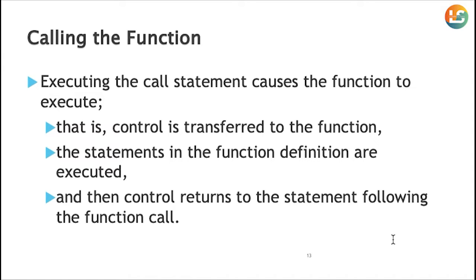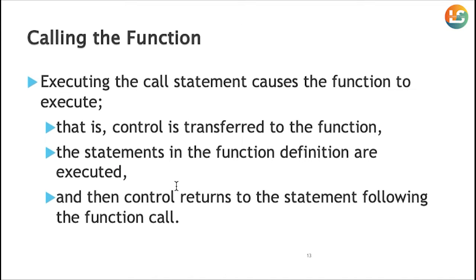Within the function, it is going to execute all of those instructions, and after completing the function, the control will come back to the place from where it was called and continue with the other statements afterwards. So this is the calling procedure of the function.